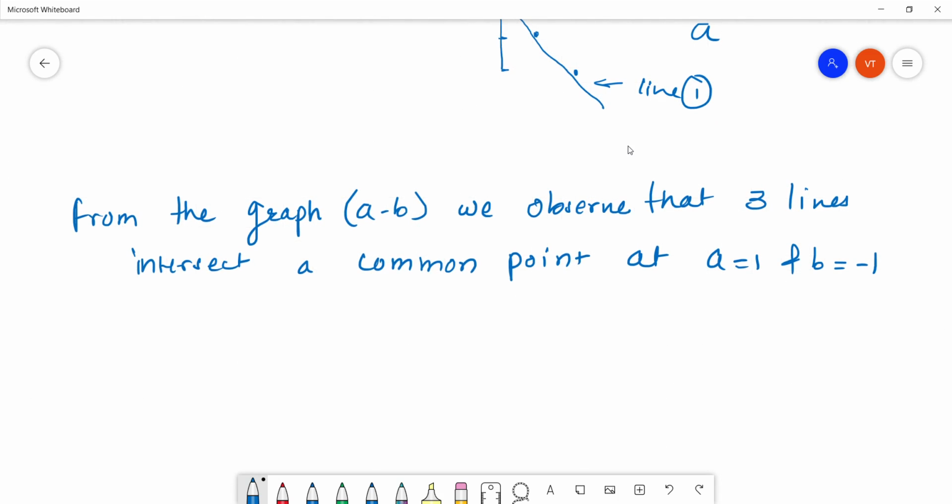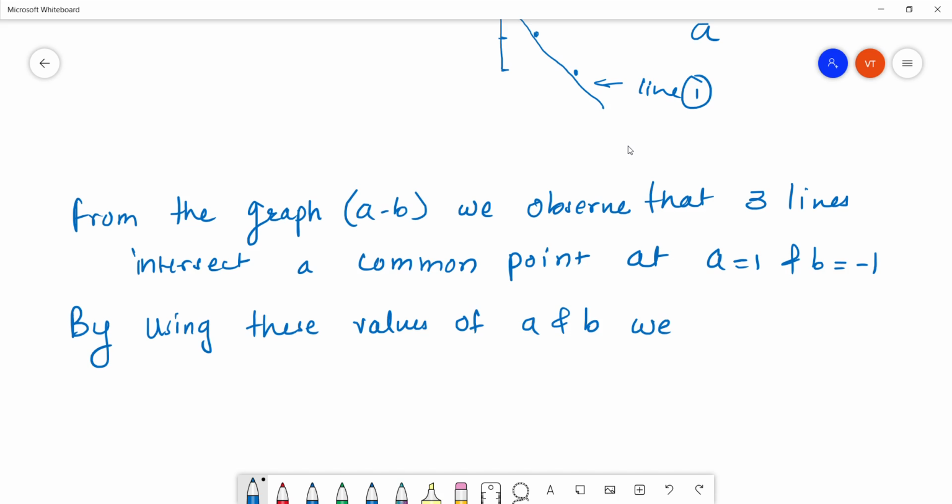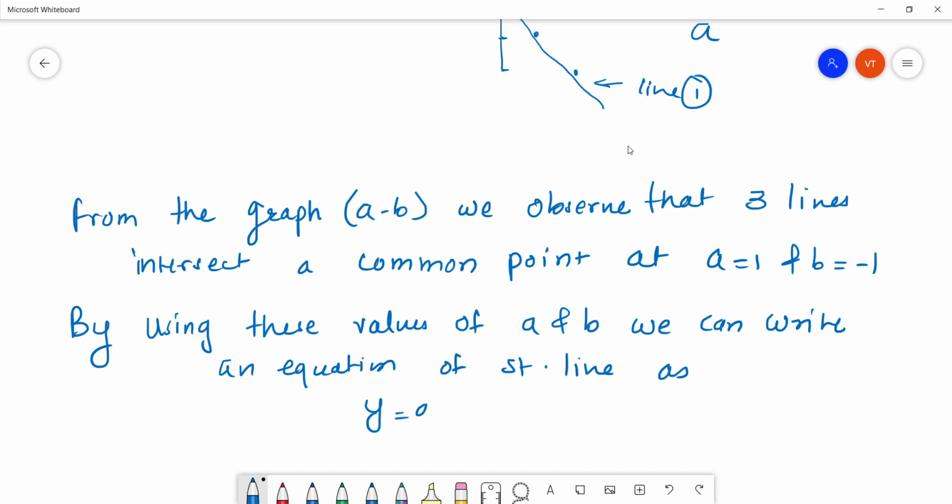By using these values of a and b, we can write the equation of the straight line as y equal to x minus 1, for a equal to 1 and b equal to minus 1.